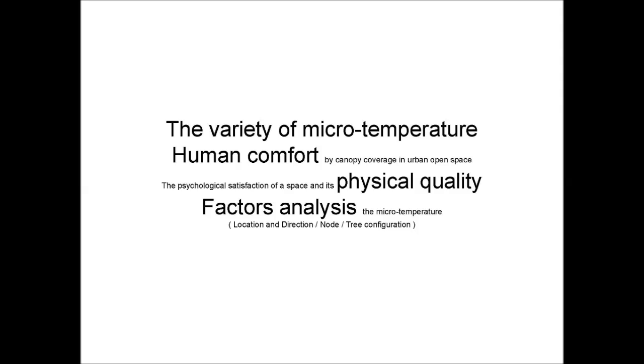During the field observation, 3 main factors were found: ensuring the shaded area on the path by tree canopy with the right location and orientation is necessary. Nodal points and the tree configuration should be carefully considered as well.